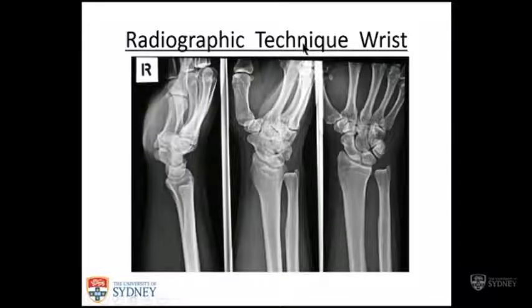And generally speaking, you'll find with 3 projections on the same cassette, obviously the lateral gives you the most space to put a marker. So this patient's been reasonably well collimated and the anatomy's reasonably well lined up as well. But the obvious space for your marker, because it doesn't really matter, is where the lateral is, because you've got this dead space here, which you don't have on the other 2 projections. So lateral's a good place for the marker.